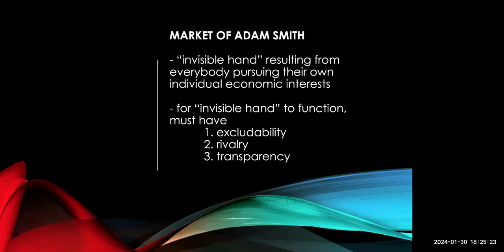So we talk about Adam Smith, who is well known for his theories about how economies work, how businesses would work, and how we deal with competition. He talked about people pursuing their own self-interest, their own individual economic interests. And he says that in order for markets to work, you must have excludability, rivalry, and transparency.